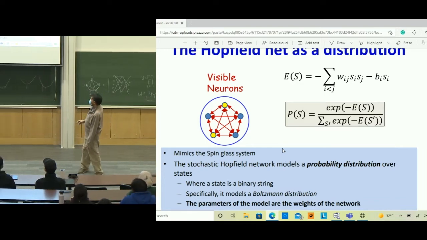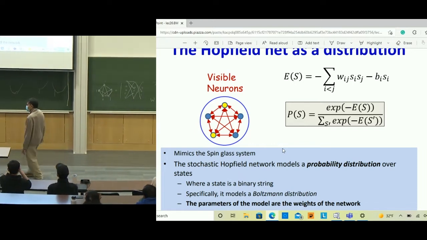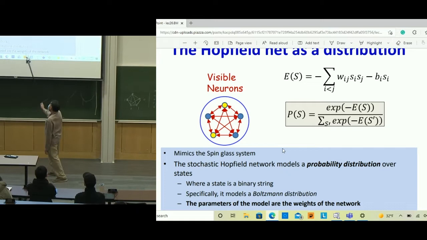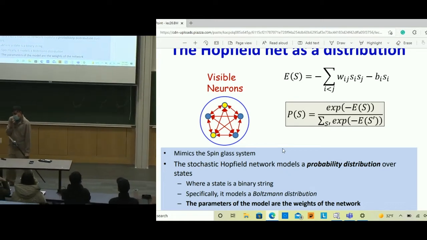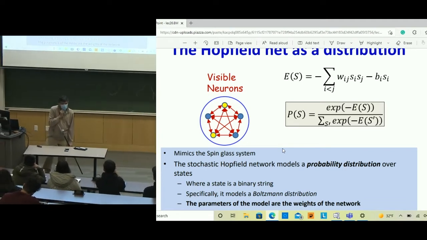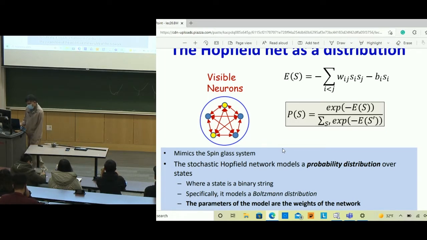But the probability of any state is going to be proportional to e raised to minus the energy of that state. And you can normalize with this normalizing term over here. This is the Gibbs distribution. And so we are going to make the probability of any state basically equal to the Gibbs distribution value for that state.